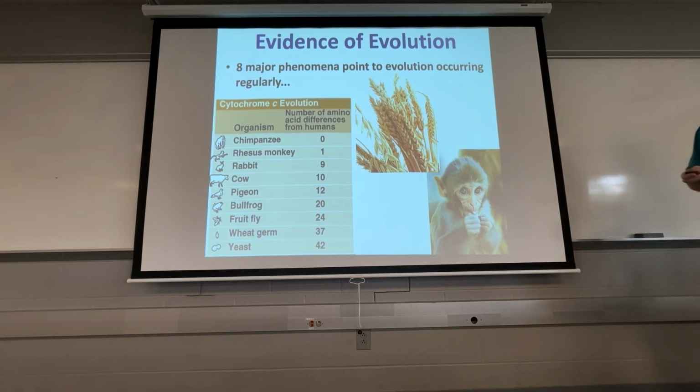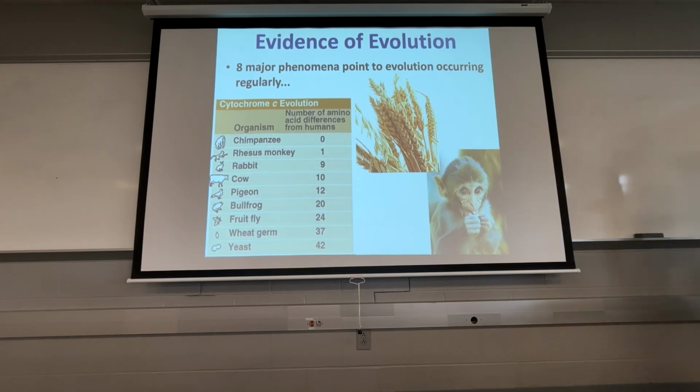They all have mitochondria. They all have this protein cytochrome C. So if animals were fixed and don't change, then the cytochrome C protein should be the same in all of those, right? That should be the same protein. If we apply that concept of creationism or that concept of species are fixed, then these should all look alike. They don't.